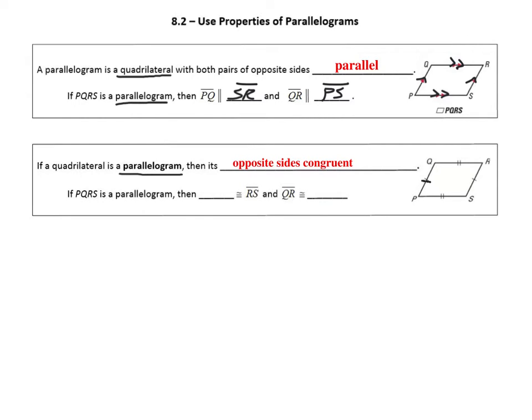We have one tick on QP and RS, and two ticks on QR and PS. So I know that RS is congruent to QP, and QR is congruent to PS.